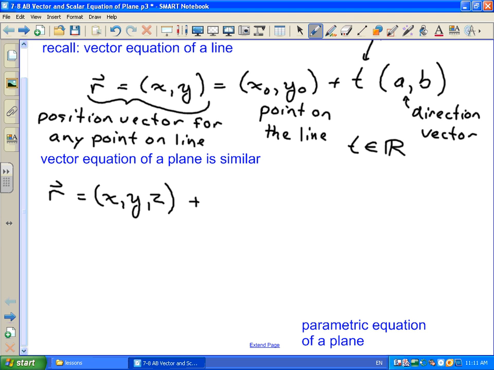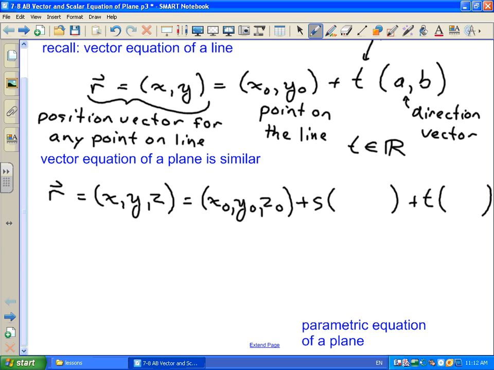Oh no, sorry, that's going to be equal to, again, some point that we know is on the plane. We'll represent it by (x naught, y naught, z naught), plus. The big difference between the line and the plane is that where we had one parameter and one direction vector for our line, we're going to have 2 parameters and 2 direction vectors for our plane.